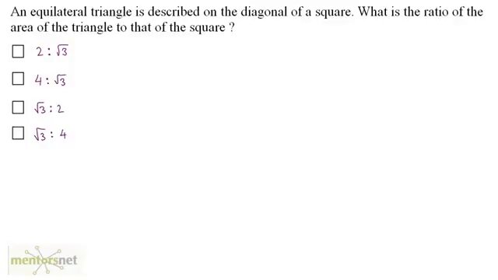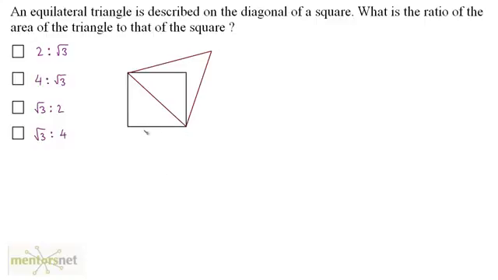An equilateral triangle is described on a diagonal of a square. What is the ratio of the area of the triangle to that of the square? So the question is like this. You have a square, and taking the diagonal of the square as the base, you are drawing an equilateral triangle.